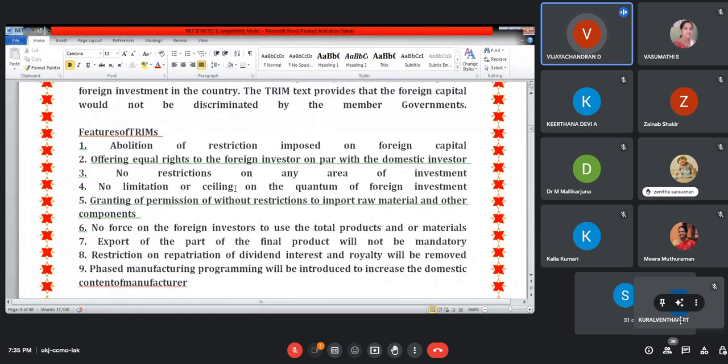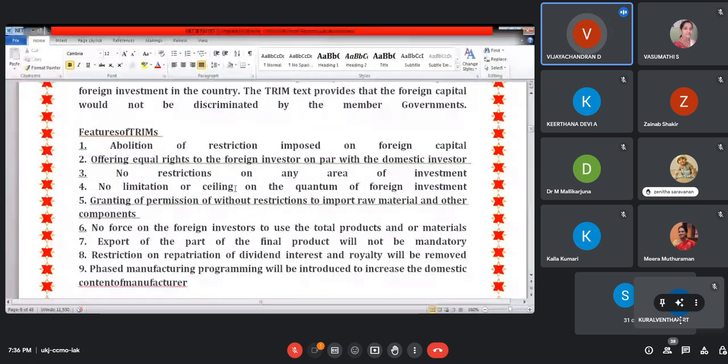So it is restricted to 49 percent. 49 percent will be the share of the foreign company, and 51 percent the share of the Indian company, like I told you, Nippon and Reliance. Reliance 51 percent, Nippon 49%.